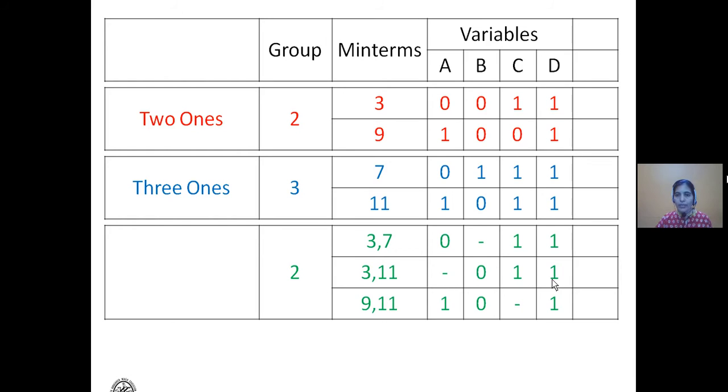The remaining three variables are constant. And 9 compared with 11, there is a change in C. The pair which is not included over here is 9 with 7. The reason is A is changing, B is changing, C is changing. Three variable change. Therefore, 9 and 7 cannot form a pair of two ones in this particular example.